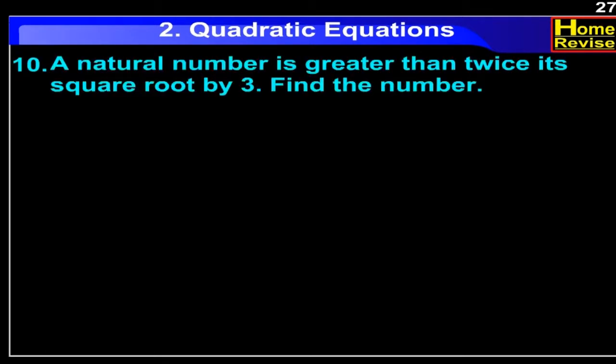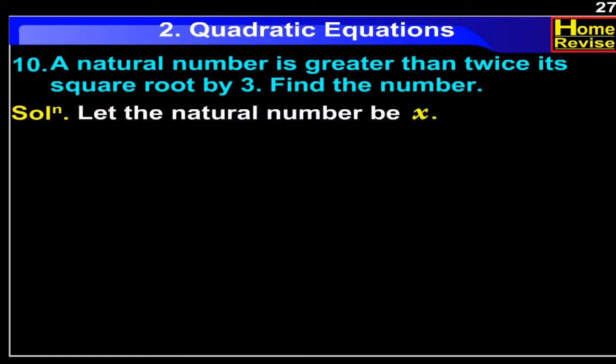A natural number is greater than twice its square root by 3. Find the number. Solution. Let the natural number be x.